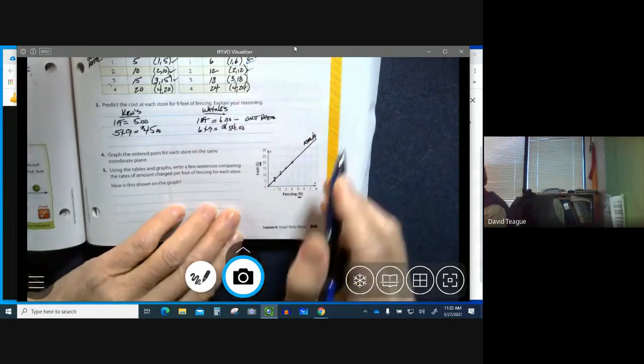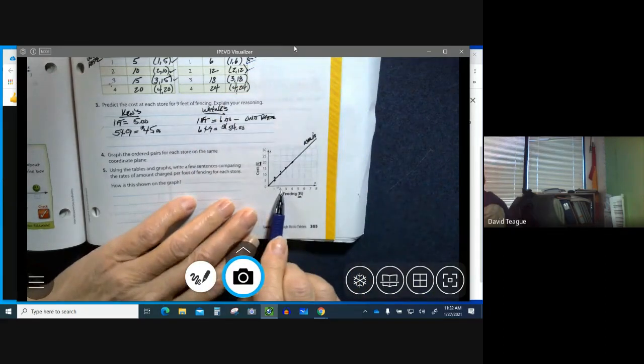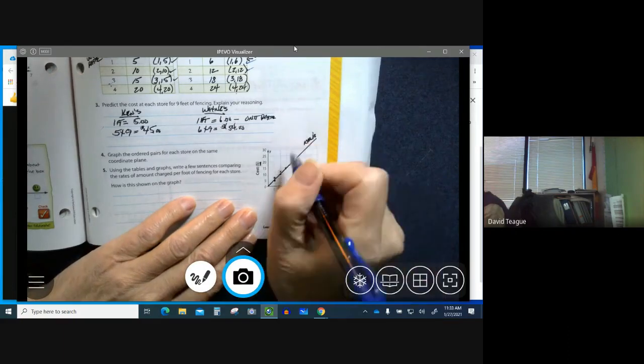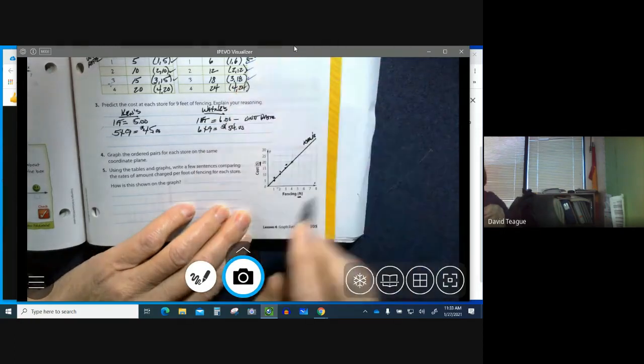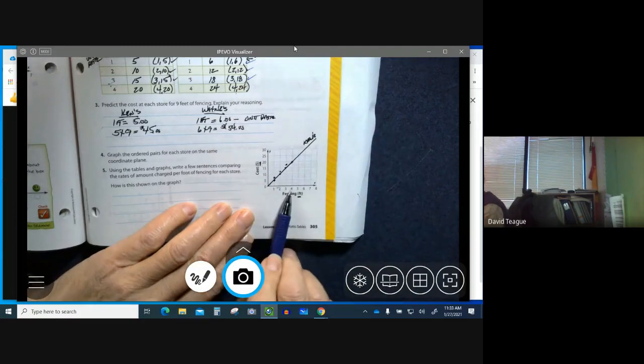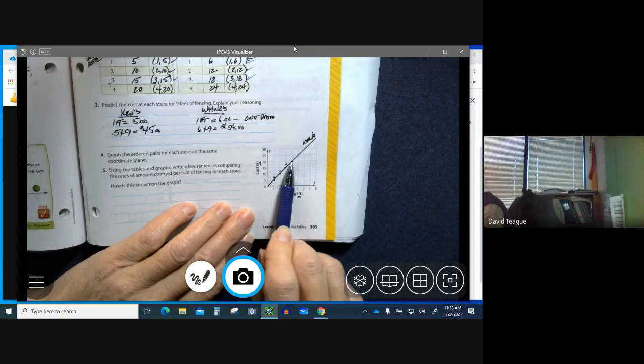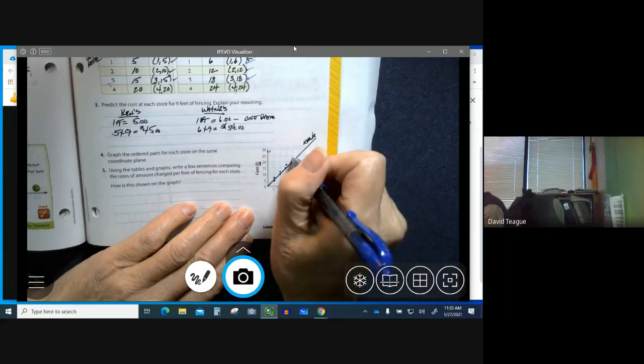Then we're going to have 3, 18. So we're going to go across to the right to 3. We're going to go up to 18, which is, we're going to guess, right about there. Okay. And then 4 and 24. So we went to the right to 4, and we're going to go up to 24, which is going to be probably right about there.